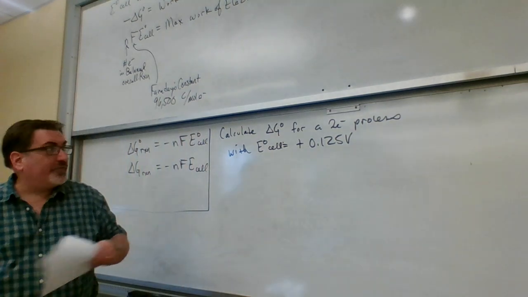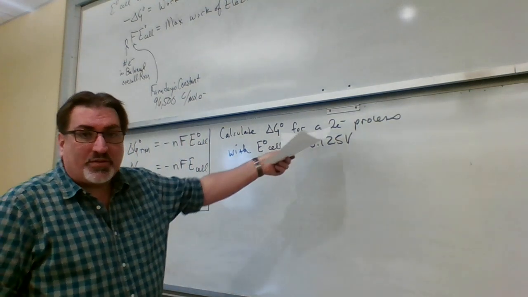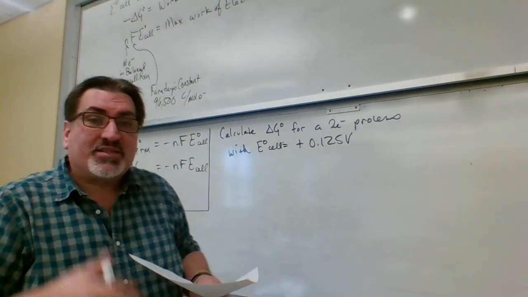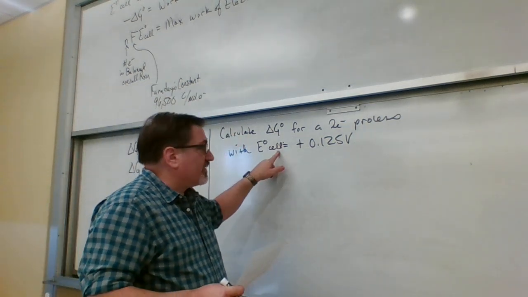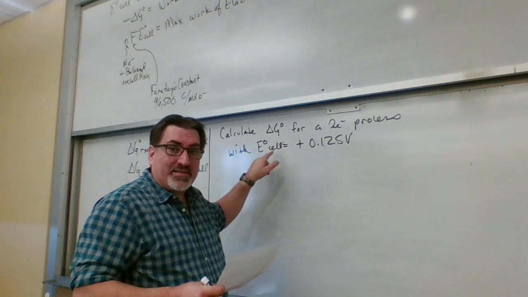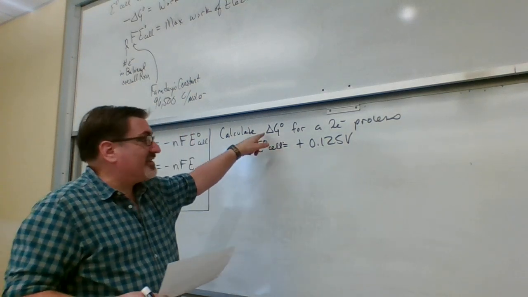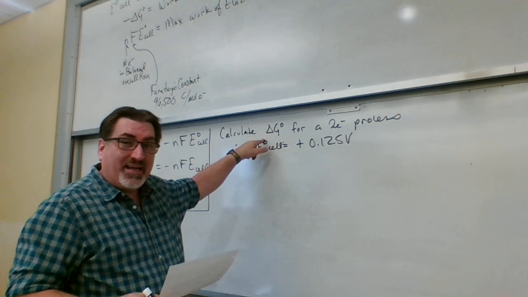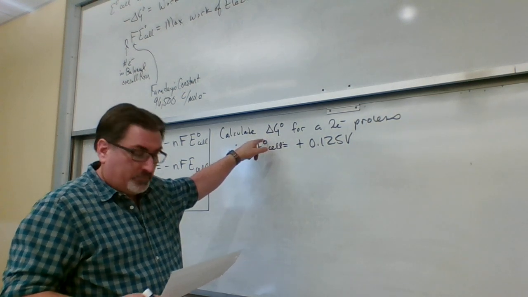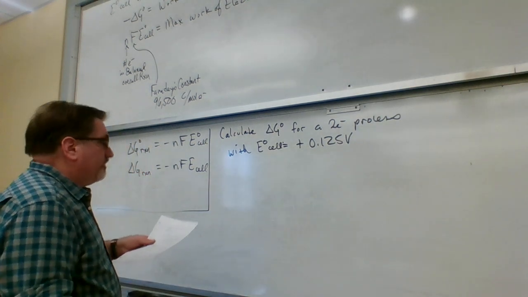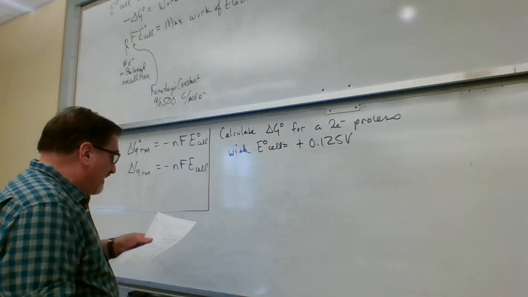So we're essentially converting 0.125 volts on a 2-electron process into delta G. Now before we get started on this, E0 for the cell is positive, right? That means this is a spontaneous reaction. We'd better get a spontaneous delta G out of that. We'd better get a negative answer, right? So here we go. We're going to plug this in.